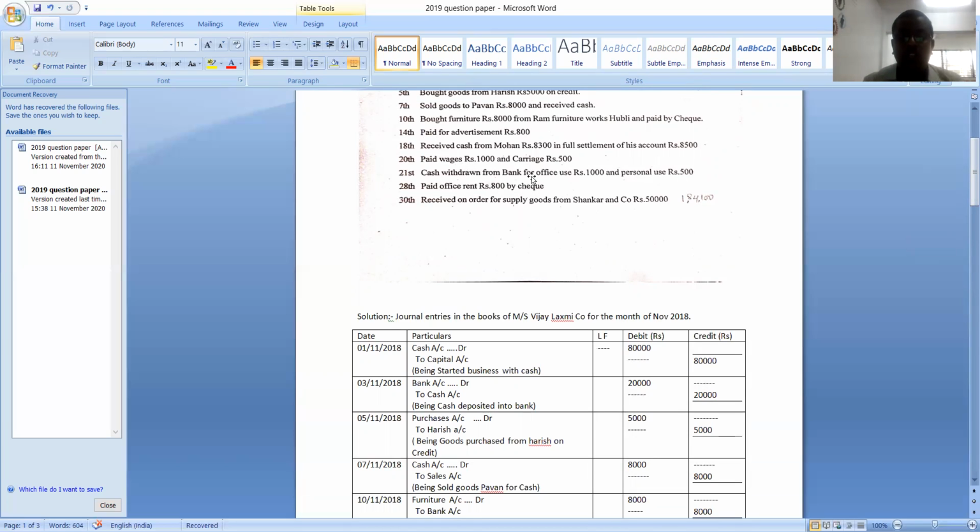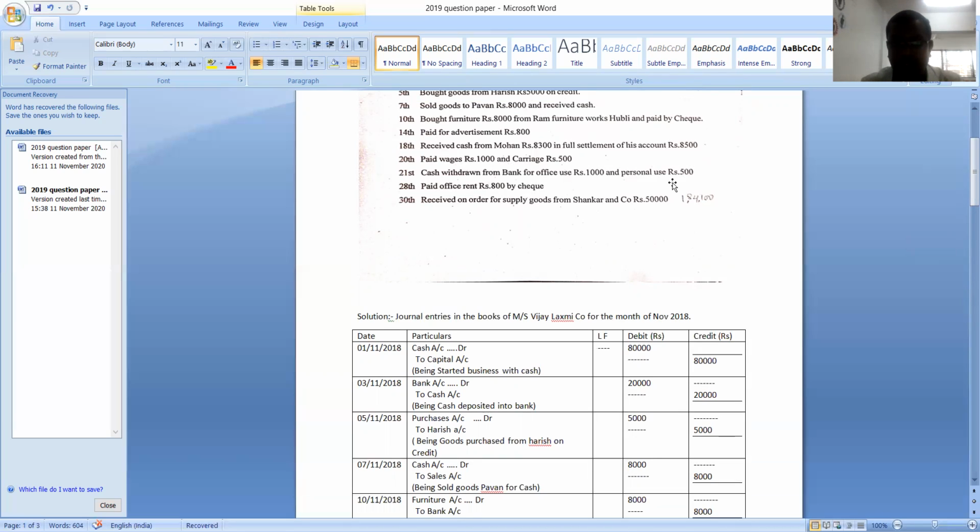What is withdrawn? Cash is withdrawn from where? From bank. Are you getting my point? Suppose if they were giving cash withdrawn from office for personal use, at that time the two accounts will be cash account and drawings account, because personal use always indicates drawings. First we'll discuss this transaction.